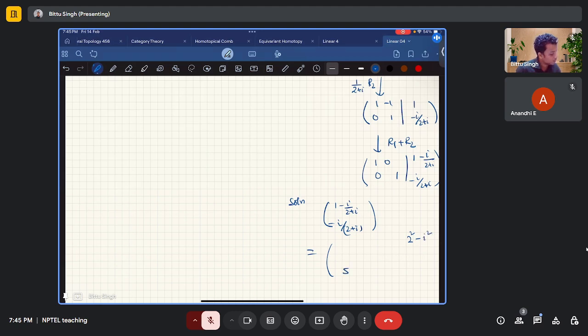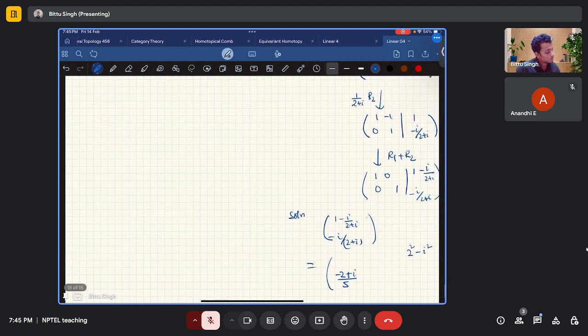So we get 5 here, and above it is minus of 2 minus I, so minus 2 plus I by 5, so it is 3 plus I by 5.